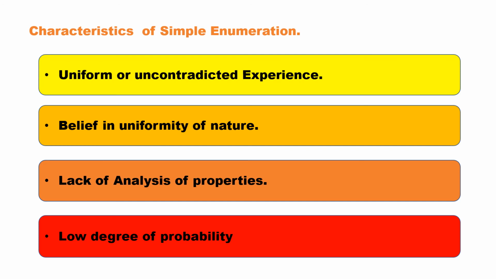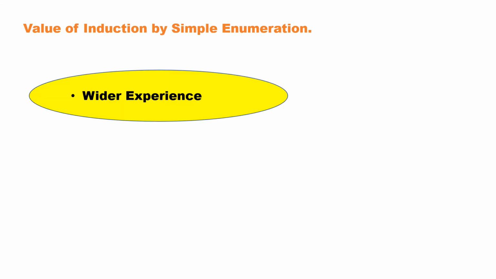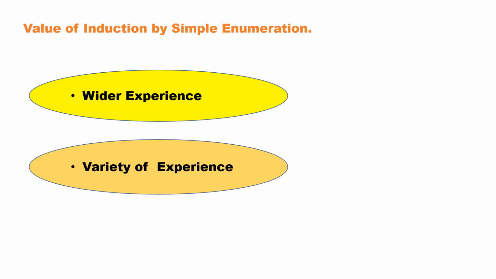Now, the value of induction by simple enumeration also depends upon wider experiences. Meaning the larger the number of instances observed with uniform and uncontradicted experience, the more reliable your conclusion will be. Second is variety of experiences. That is, instead of observing the maximum number of instances in one part of the world, it is better to observe in different parts of the world.